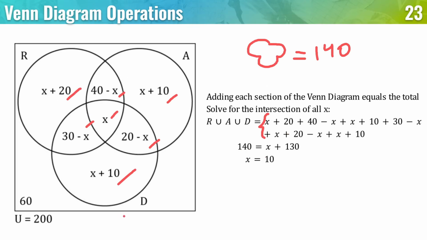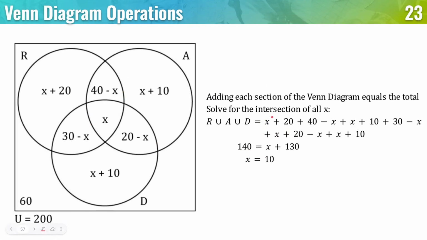So simplifying this, adding all of these, we see that there is 1, 2, 3, 4 positive x minus 1, 2, 3x, which is how we get x. And then 20 plus 40 plus 10 plus 30 plus 20 plus 10 is going to equal 130.